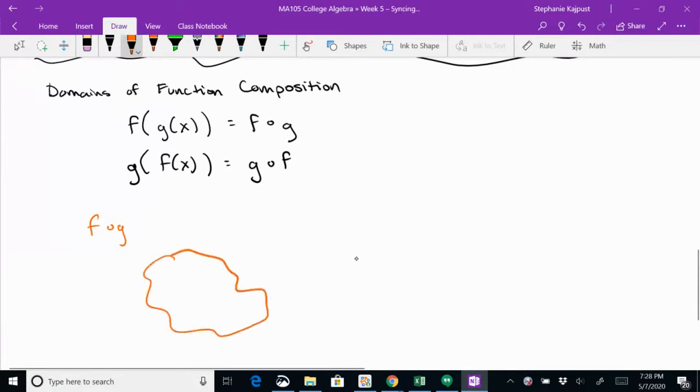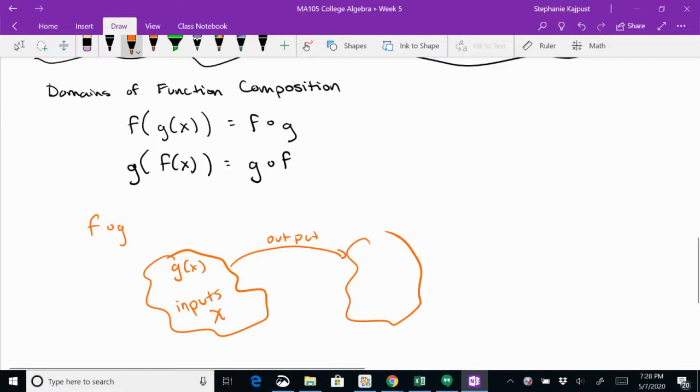So we have something that's g of x, and we have our inputs into g of x. We plug things in, and then we get an output. So we're plugging in x, and out comes g of x, some y value.